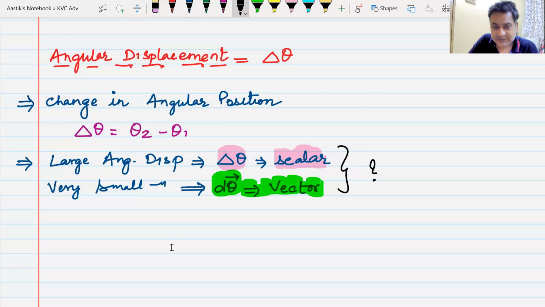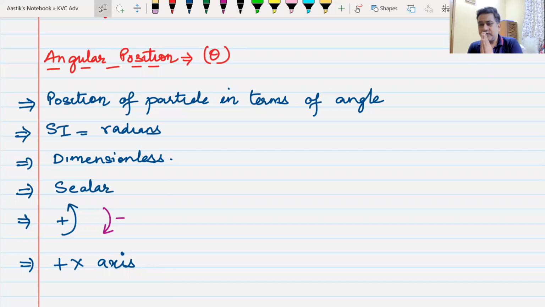Okay. Now, as soon as I use the word angular displacement, and I've already used the word angular position, this must remind you of something that we have already done. This is known as your circular motion, or you can very vaguely say that it is also rotational motion. The other motion that we have studied till now was translatory motion. Circular motion is also translatory in that sense. We call it linear motion. Motion up till now was linear, and this is now circular.